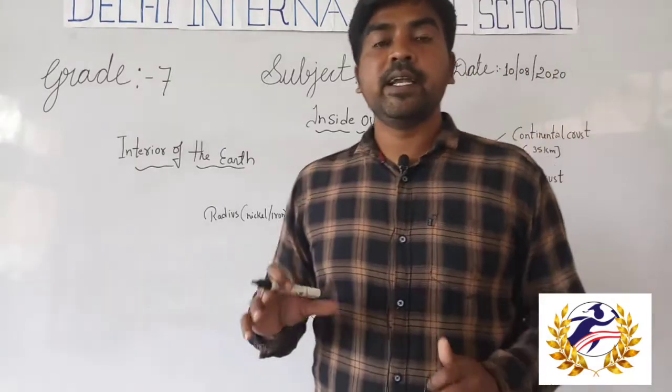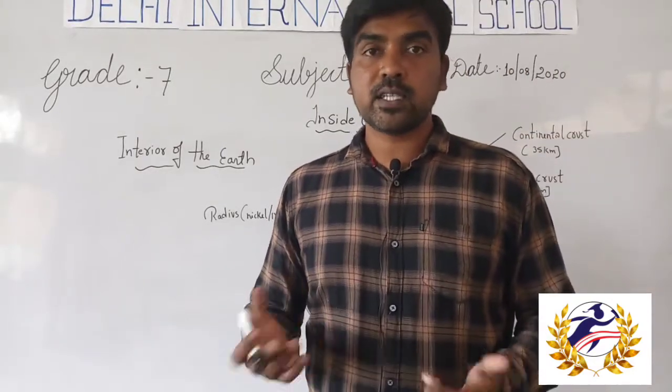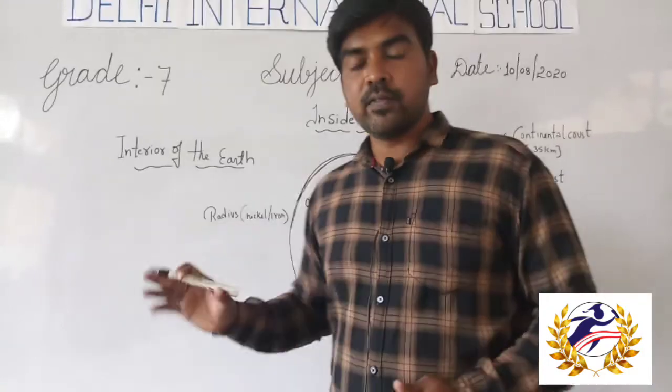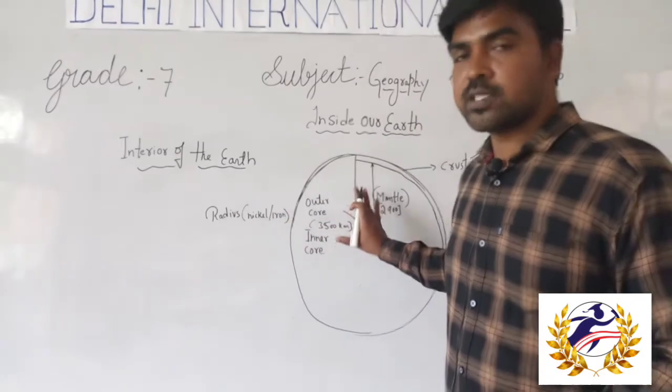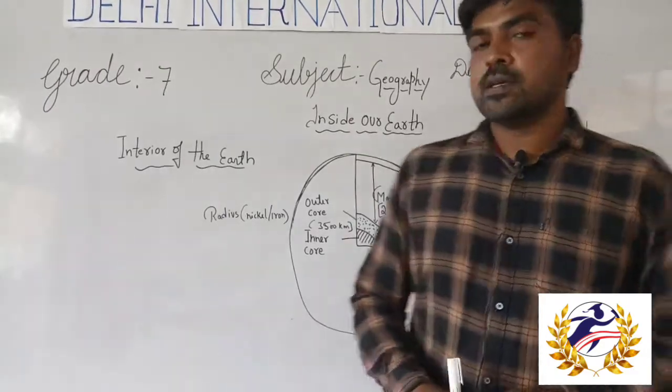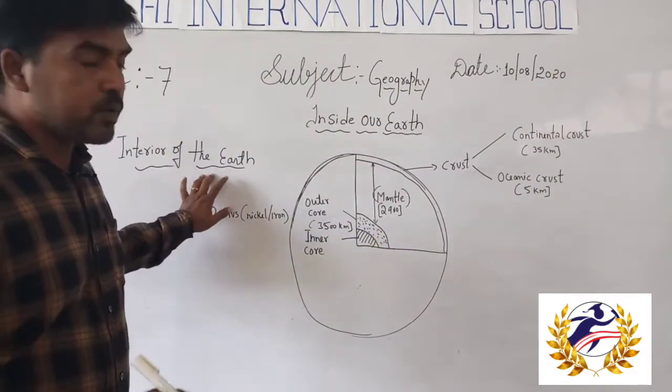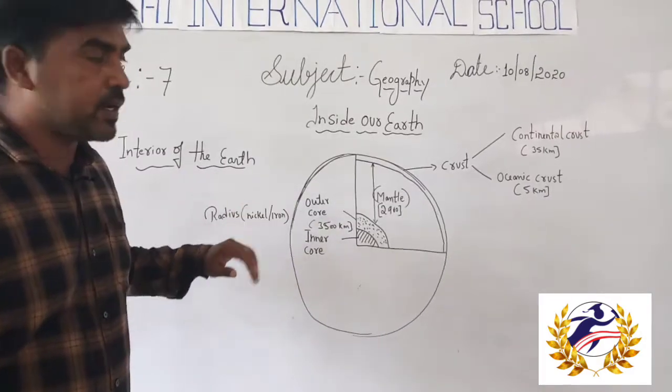These are all the interior of any planet or star. Even the moon we are going to study in this concept. Today, as I told you, we learn about the interior of our earth.